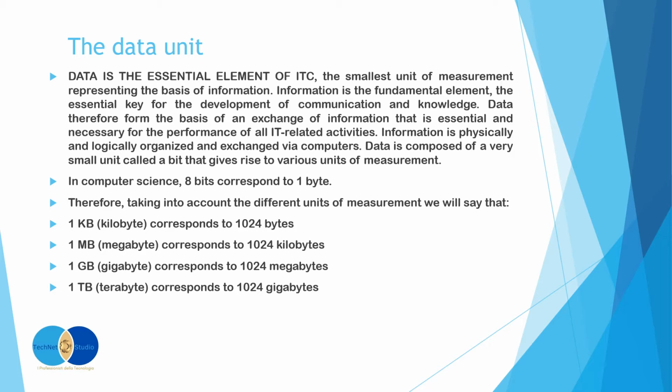Therefore, taking into account the different units of measurements, we will say that 1 kilobyte corresponds to 1024 bytes. 1 megabyte corresponds to 1024 kilobytes. 1 gigabyte corresponds to 1024 megabytes, and 1 terabyte corresponds to 1024 gigabytes.